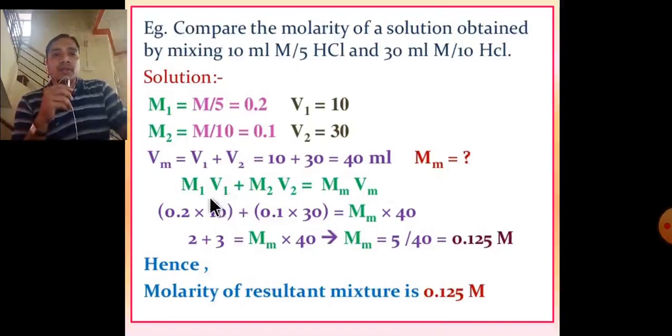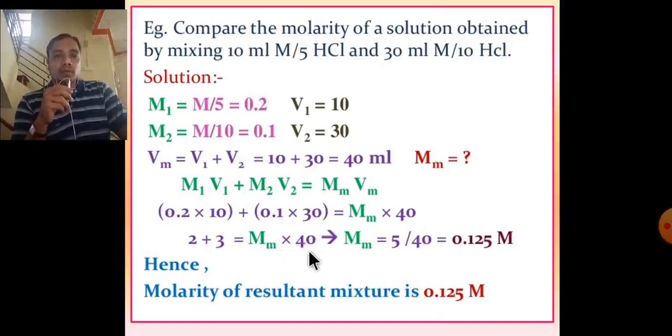Calculate m1 v1 plus m2 v2 is equal to mm vm: 0.2 into 10 plus 0.1 into 30 is equal to mm into 40. Then 2 plus 3, that is, 10 into 0.2 gives 2 and 30 into 0.1 gives 3, is equal to mm into 40.